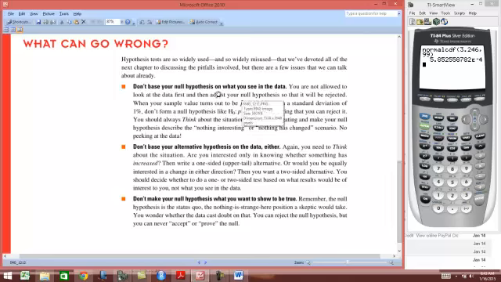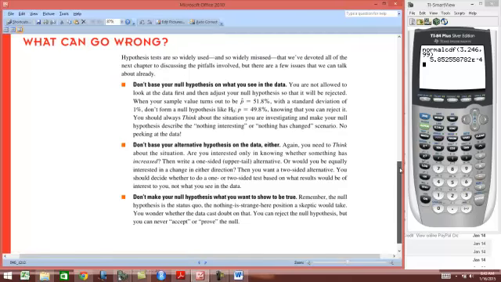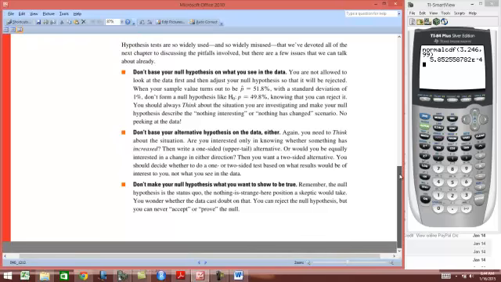Don't base your null hypothesis on what you see in the data. If you're honest about your testing, you're going to state your null hypothesis first and then get your data. And don't base the alternative hypothesis on the data either.